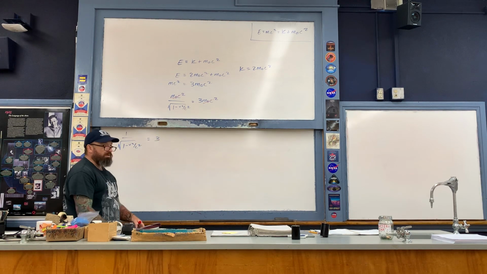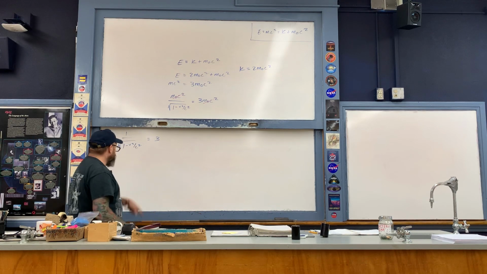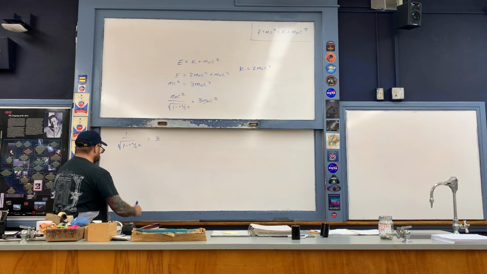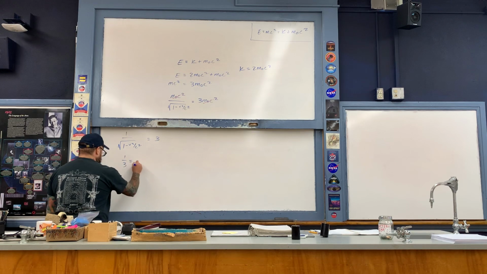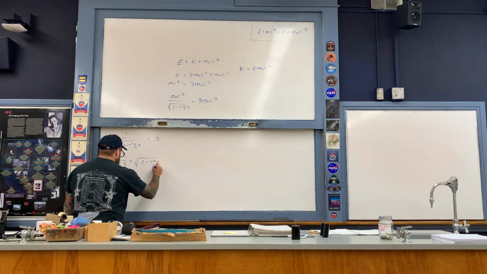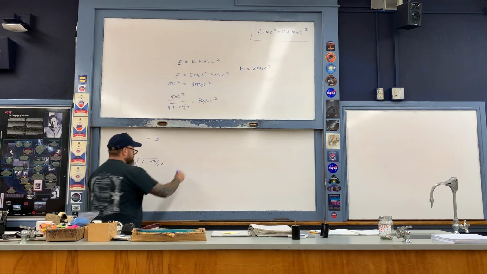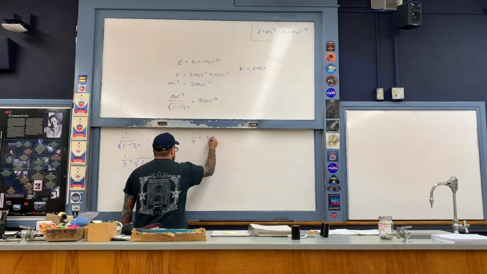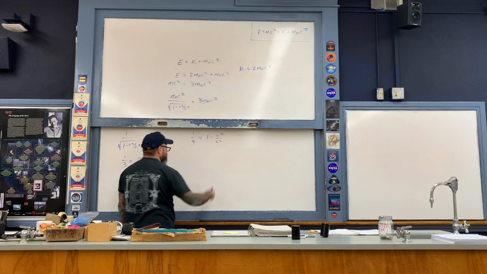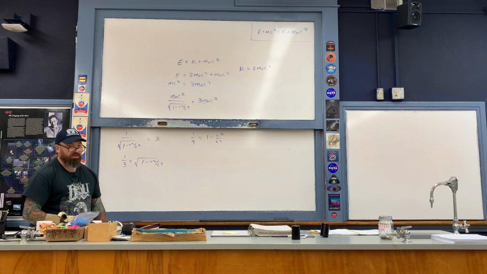And now we have to solve for V. So let's cross multiply these terms, and then get rid of the radical sign by squaring both sides. Like so.